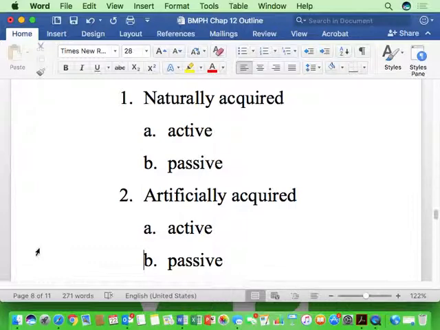Artificial passive is when you get donated antibodies. Now, you usually get this after you've been exposed.